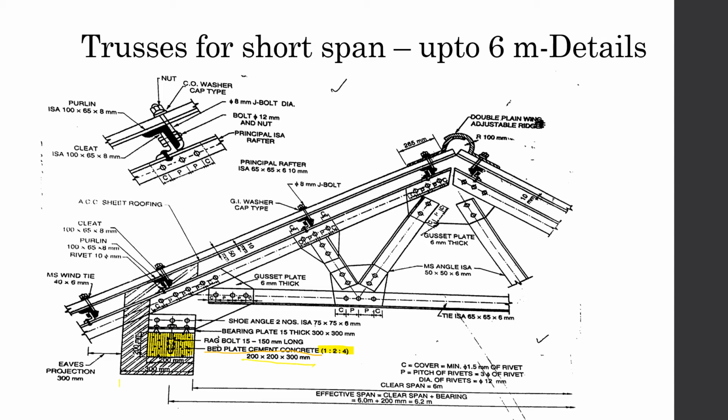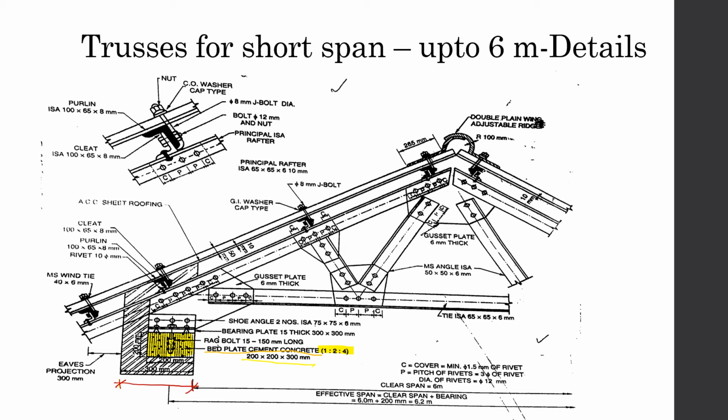Now as you can see, there is this wall which is of the size 300 mm and the bed plate is 200 mm by 200 mm. So this is a very substantial size and takes up more than half of the wall itself. So you can understand that this is for support and it does that only.